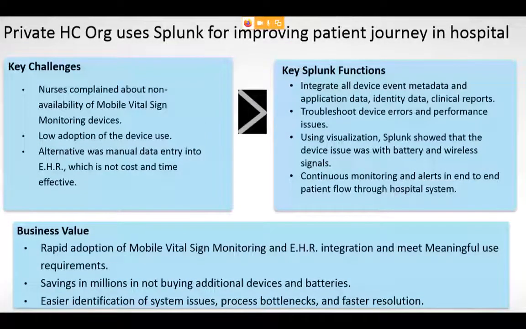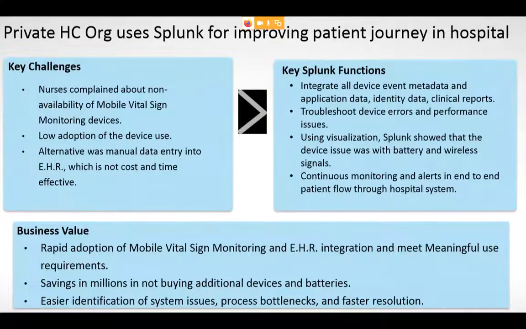Same here. Now there are different challenges as well, like nurses complaining about non-availability of mobile vital signs monitoring devices, low adoption of the device use, manual data entry into EHR systems, which is not cost and time effective.